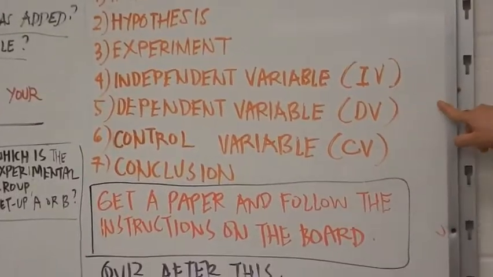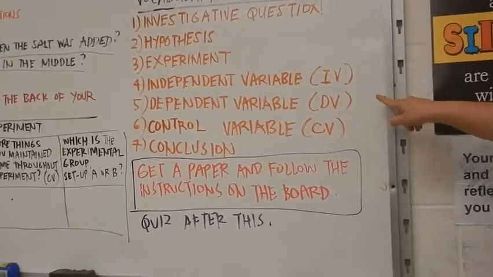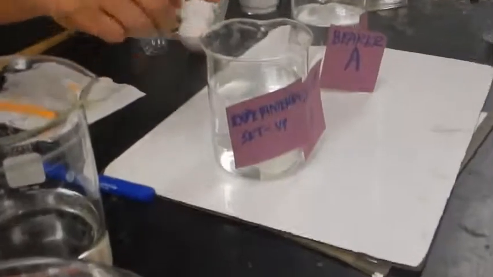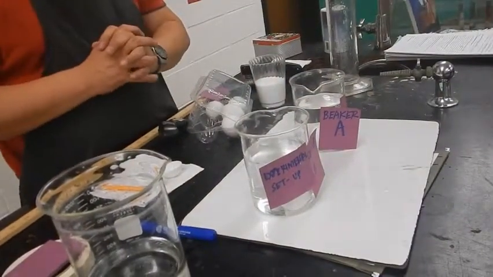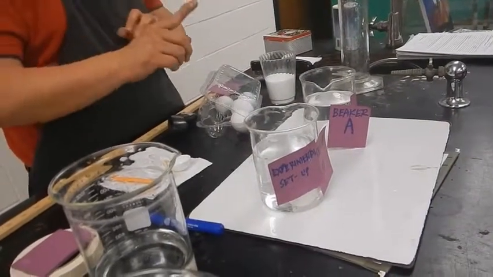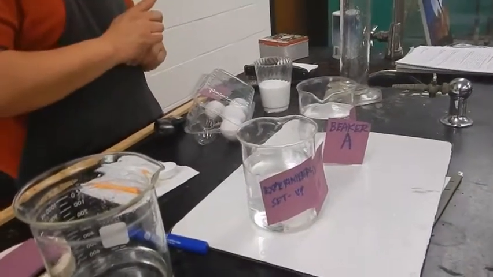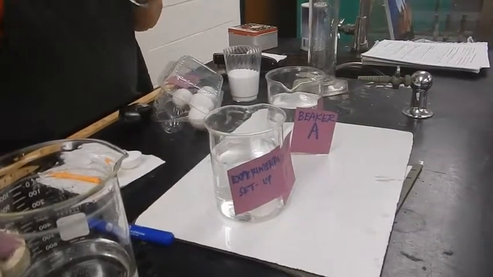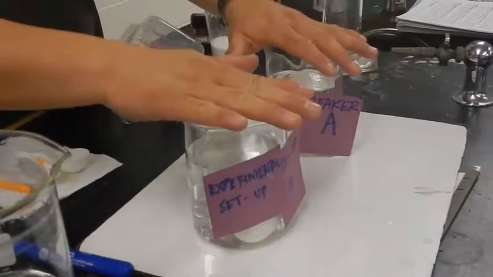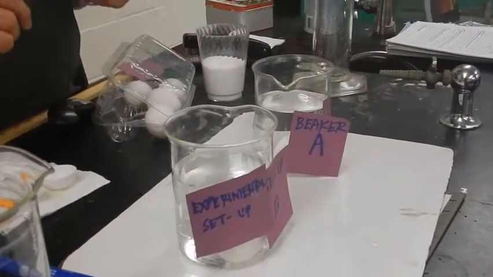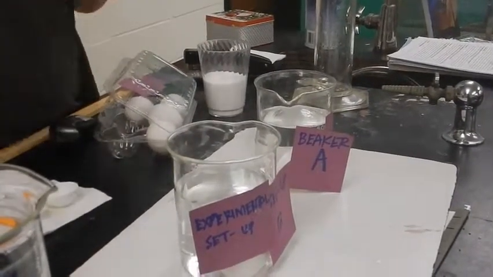We will now have our independent variable, and we will do the independent variable in our setup B or experimental. Independent variable is the one thing that is changed in the experiment. Remember, they're both the same. They have 2 beakers that are totally similar to one another. We have the same amount of water.